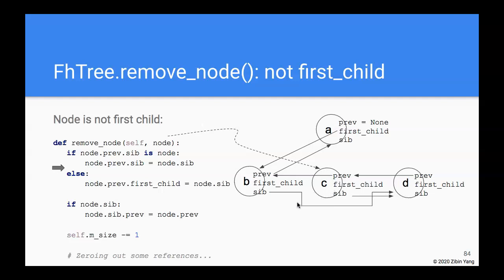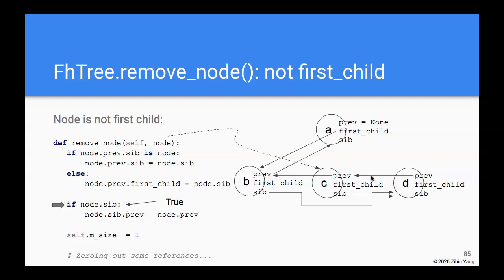Okay. And then the next thing that we'll do, after we change this forward pointer, is change the backward pointer. For the backward or previous pointer of the next node, it doesn't really matter if it is the parent or the sibling, because we always call it the previous pointer.